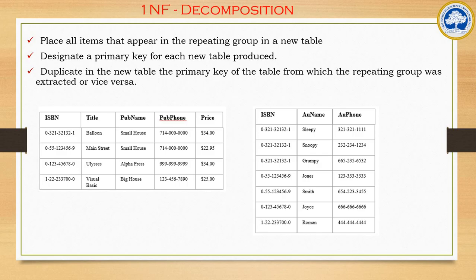So ISBN, author name and author phone number make one table, and the remaining attributes we keep as another table. Now no attribute contains more than one value, and each and every row contains a unique value.